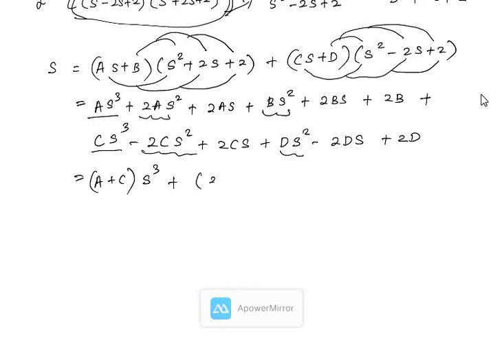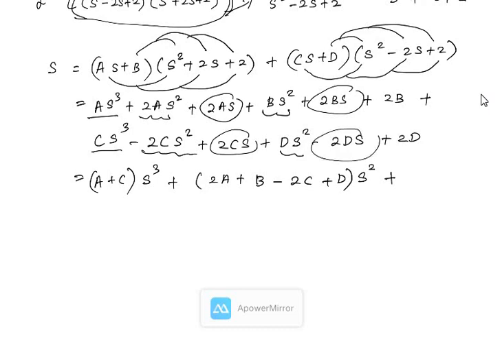So we have 2a plus b minus 2c plus d. So this is s power of 2, and then we collect the s power of 1: this one, this one, this one, and this one. So it's plus 2a plus 2b plus 2c minus 2d. So this is for s power of 1, and then for s power of 0 you have 2b and 2d.